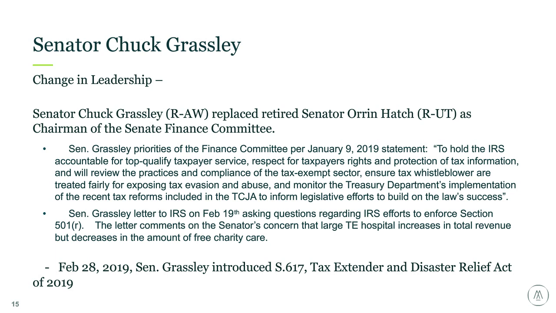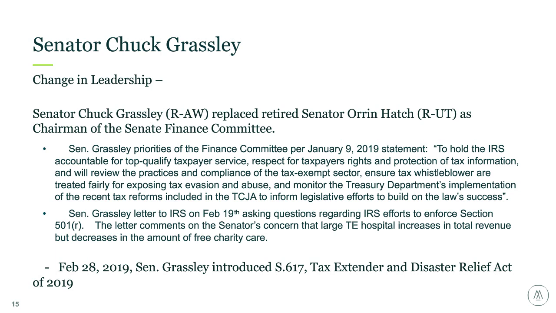He's asking questions to the IRS to enforce right now Section 501(r). This is a section relating to the hospital area where they have to conduct community health assessments, establish financial aid assistance, and not overcharge for emergency care, and not do really crazy billing and harassment to people to get them to pay.